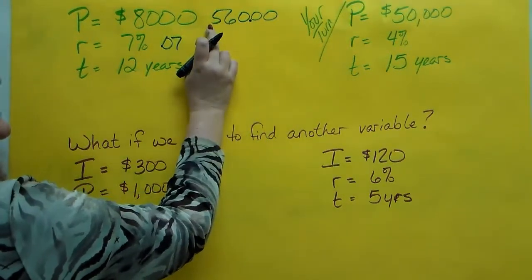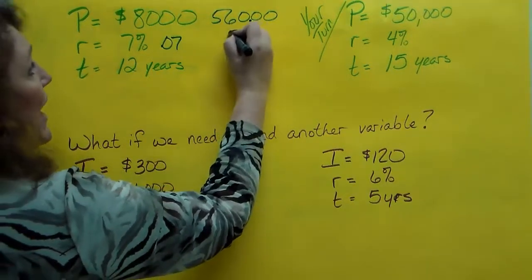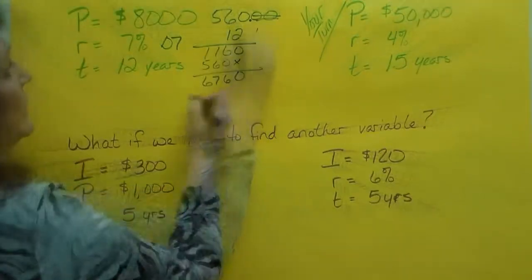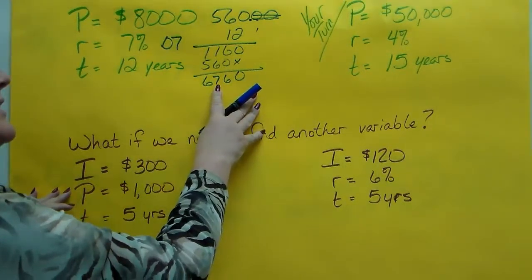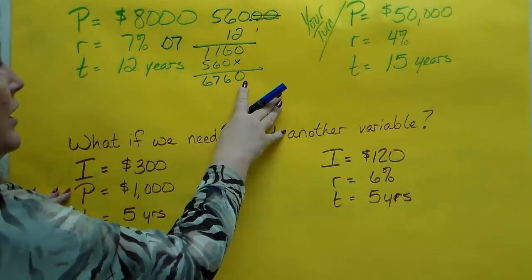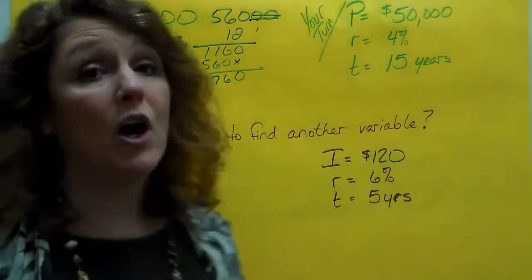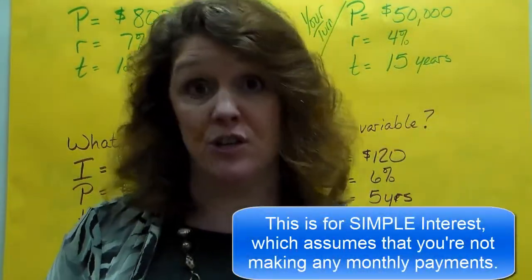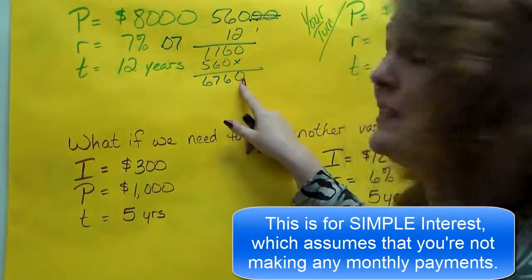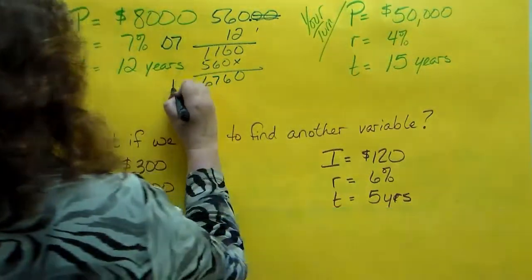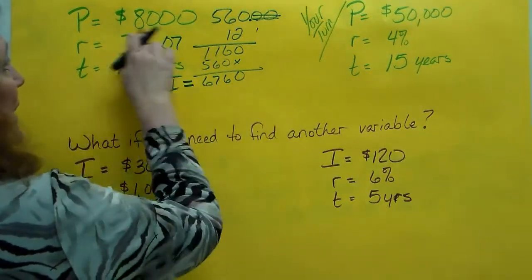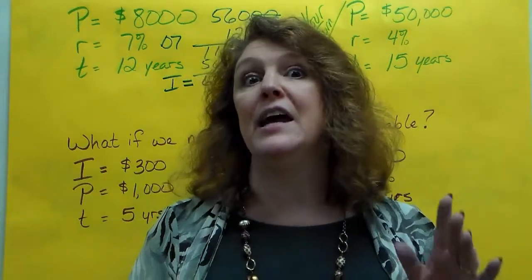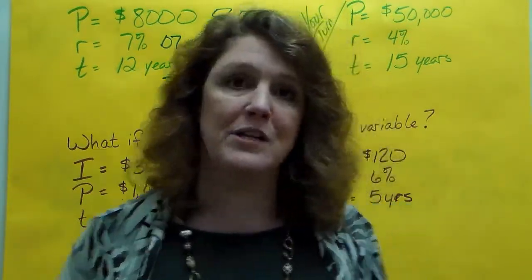So that's 560 for each year, times 12 is 6,720. So if you borrow $8,000 for 12 years, you're going to owe an additional $6,720. This is what the interest is. This plus the principal is what you're going to have to pay back. It's a good thing to know your interest rates and your timelines so that you can make some good decisions.